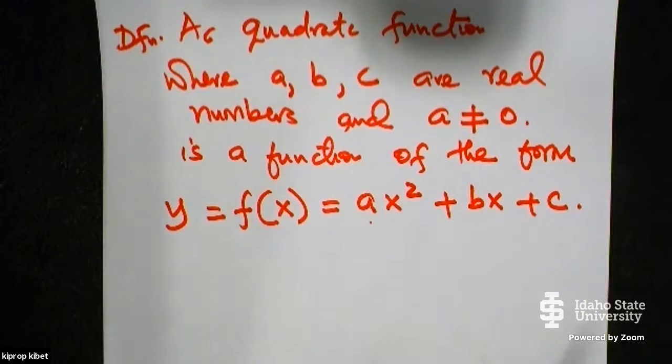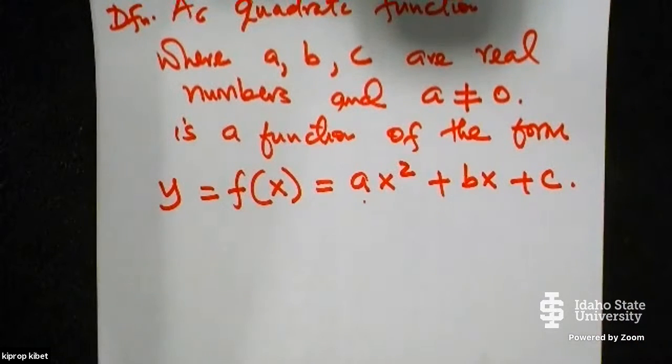Now, if you want to graph this quadratic function, then we do it the same way we did the other functions last time, where you look for the intercepts, right? You look for the x and the y intercepts.